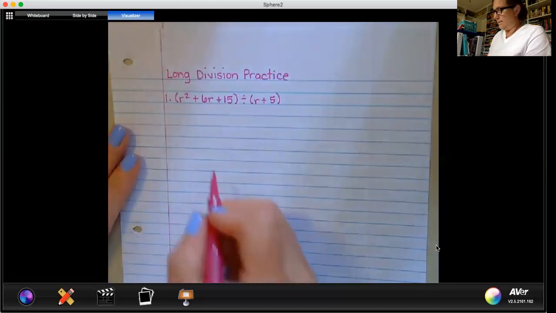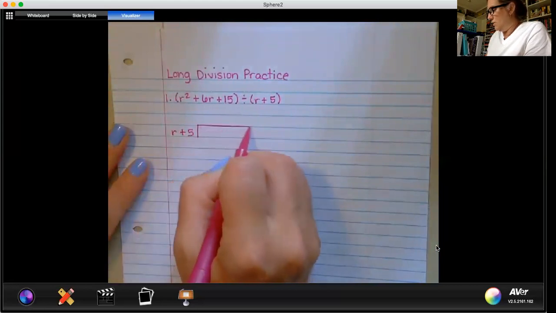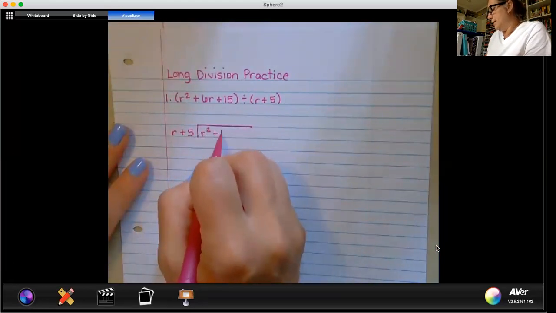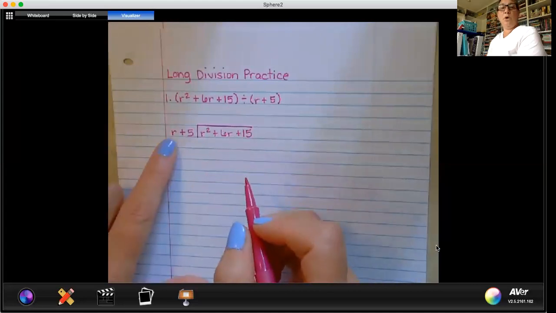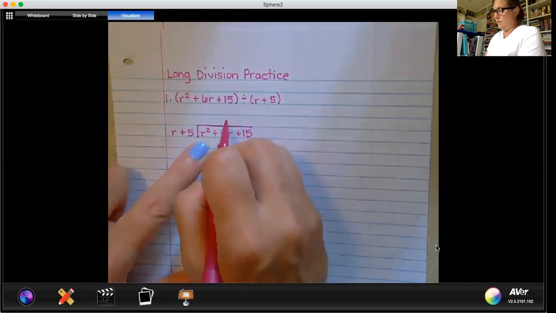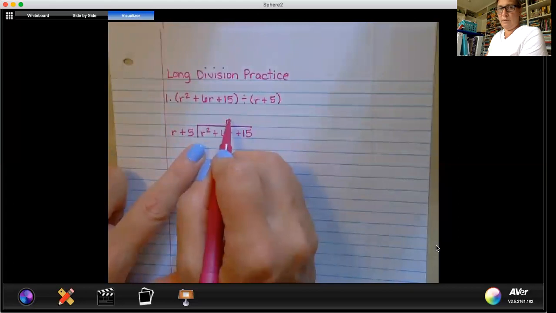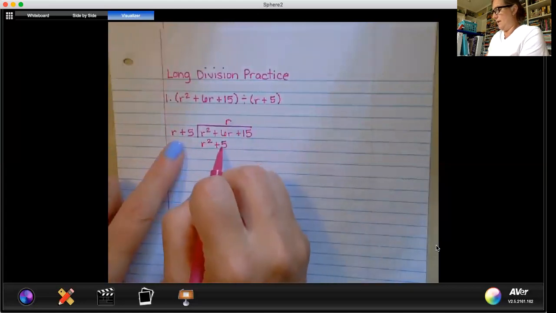listed out for us. So we're going to take r plus 5 and we're going to divide it into r squared plus 6r plus 15. So r times what is r squared? That's r. Multiply r times r and r times 5.